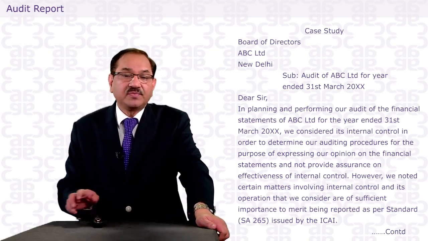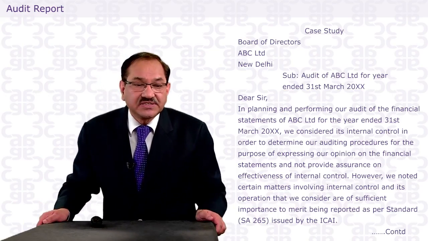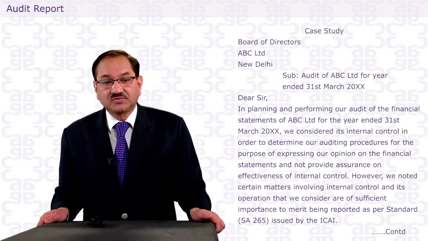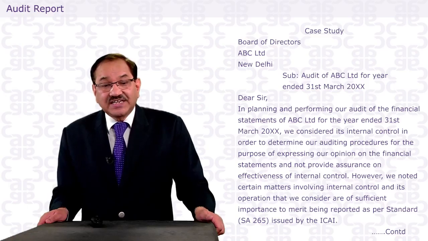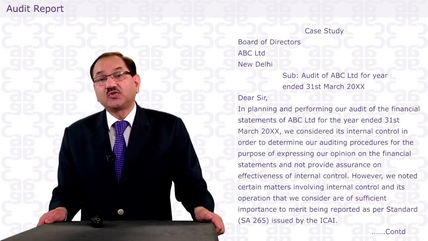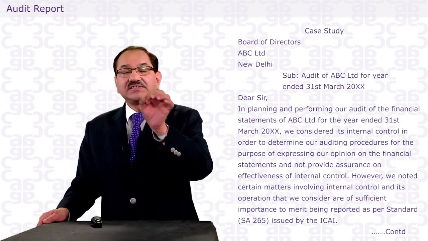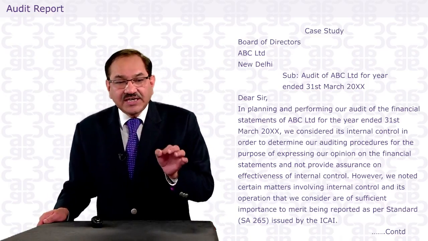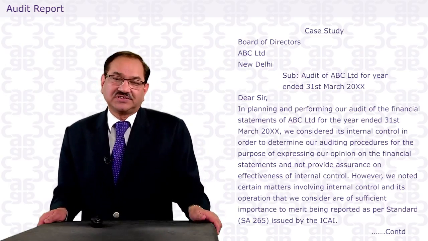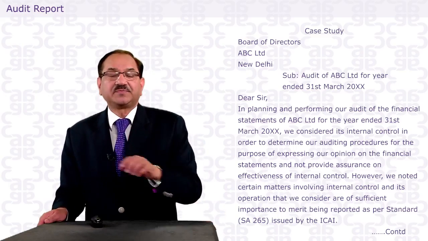In planning and performing our audit of the financial statements of ABC Limited for the year ended 31st March 2000, we considered its internal control in order to determine our auditing procedures for the purpose of expressing an opinion.